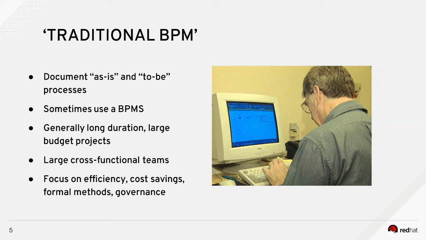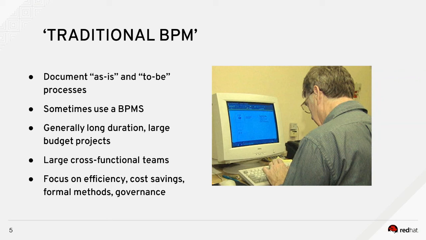And the term BPM is generally associated, I would say, with fairly long duration, large budget projects that involve large cross-functional teams. Most BPM technology is very expensive. In order to derive ROI from that, generally we're looking at the big processes. We're looking at the order to cash, the processes that drive revenue through the organization.